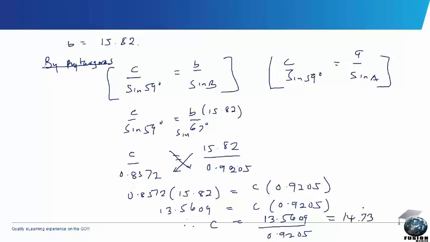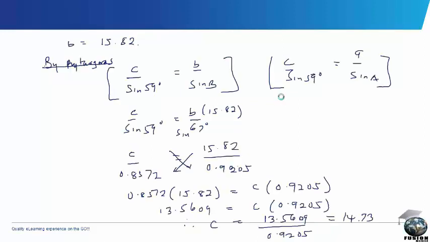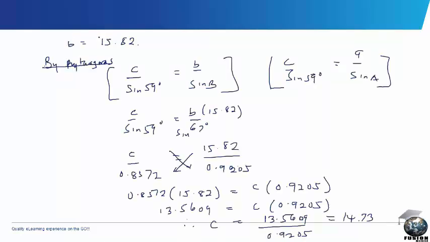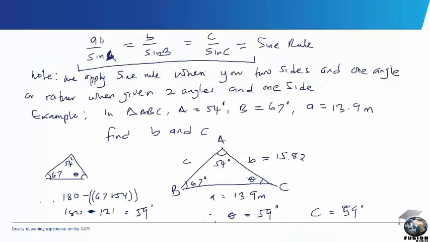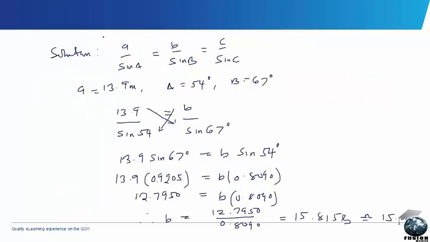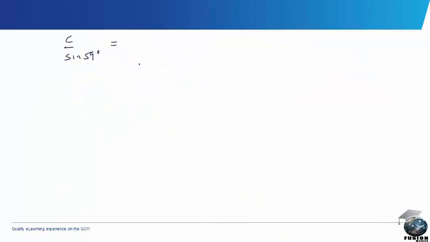And if we decide to go by this method on the other side, we have that C over sine 59 degrees is equal to A over sine A, and then side A is 13.9 and the angle is 54. We have 13.9 over sine 54.